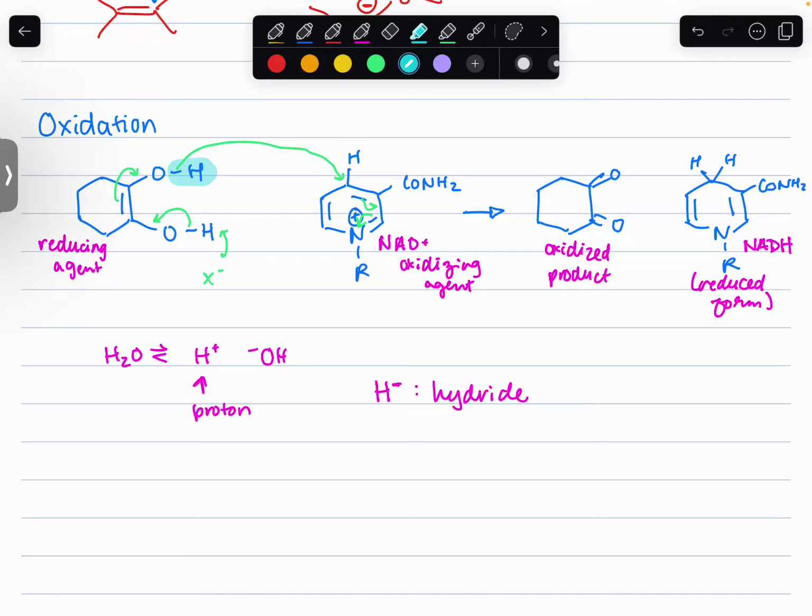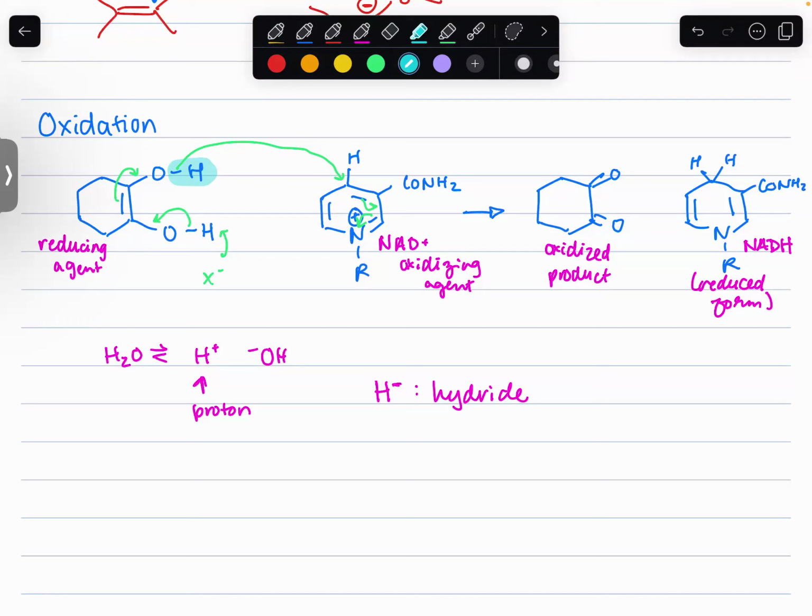Other questions? Only with reductions, or only with oxidations where you're reducing NAD? NAD plus is the only hydride acceptor that you know of, and NADH is the only hydride giver that you know of.